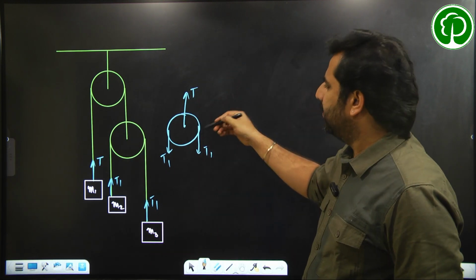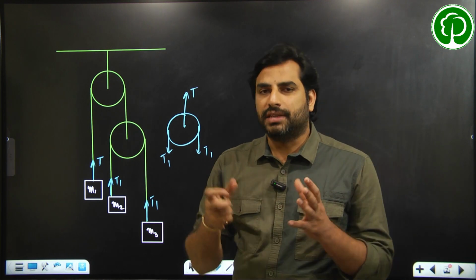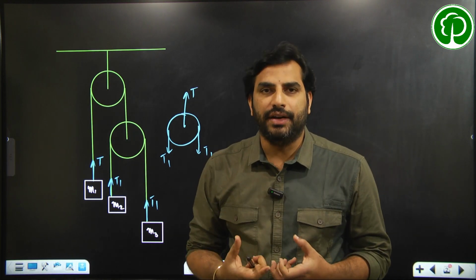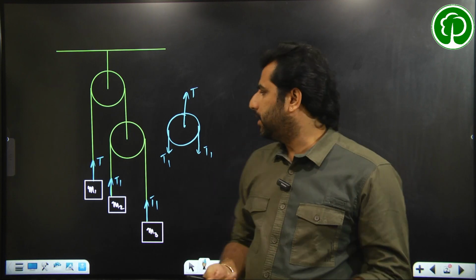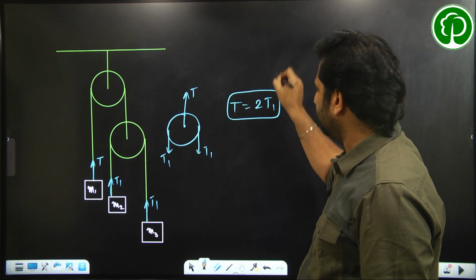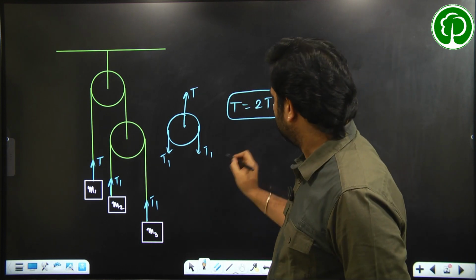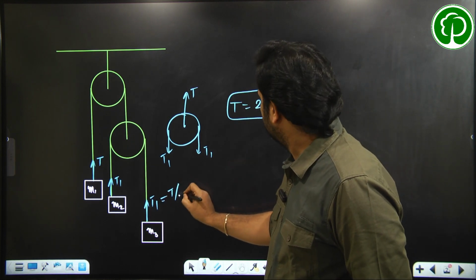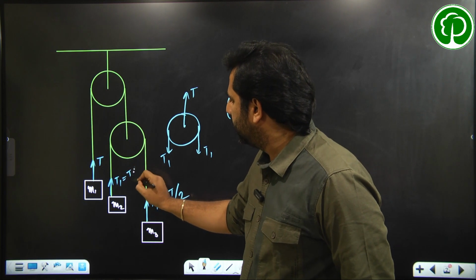Because it is an ideal, massless pulley, though the pulley is accelerating, the net force on the pulley can be taken to be 0. So T is equal to 2T1. So T1 can be written as T by 2. So here it is T by 2.